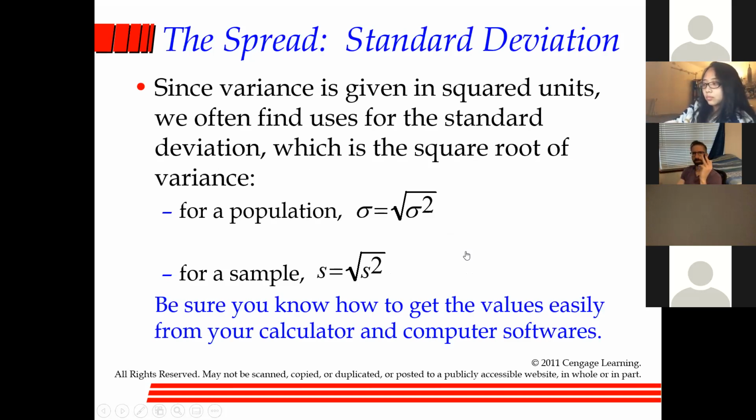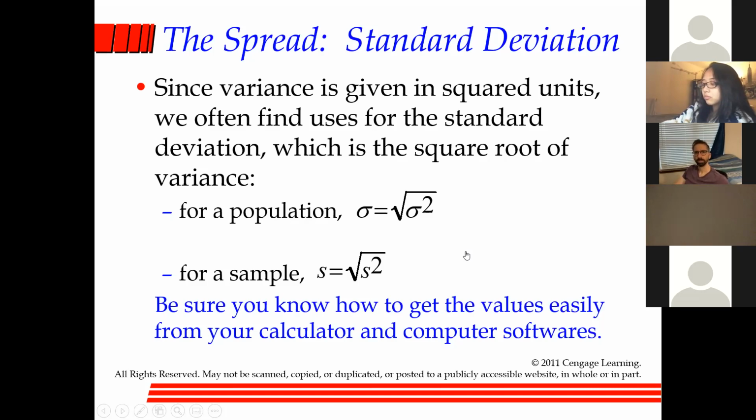If you look at any computer printout of anything that we measure, it's always standard deviation. You never see variance. The only reason you learn variance is so that you know where the standard deviation comes from, right? You calculate variance first and then the standard deviation.